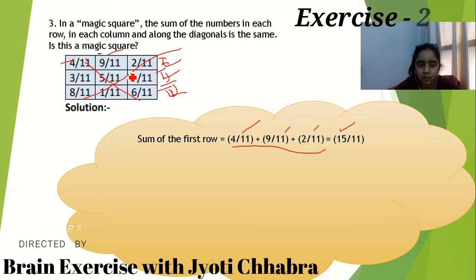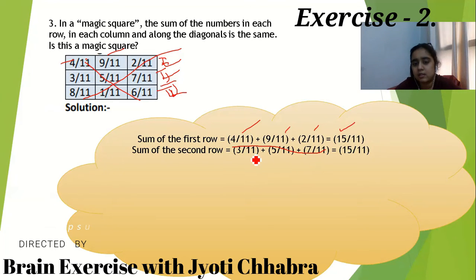And if I add the second row, that is 3 upon 11, 5 upon 11 and 7 upon 11, here the denominator values are the same, so we have to only add the numerator values. So 7 plus 5 is 12, 12 plus 3 is 15.